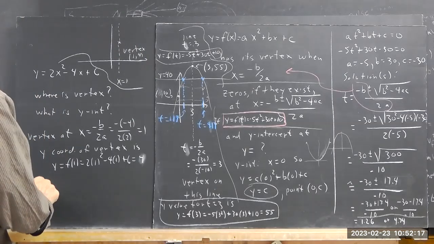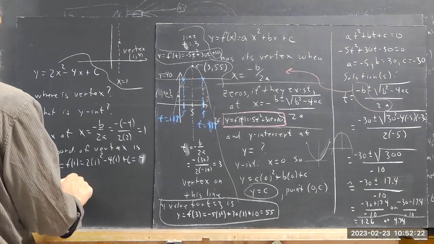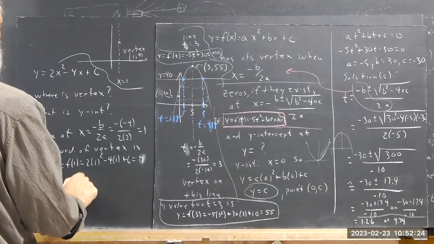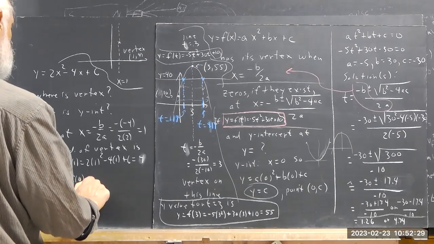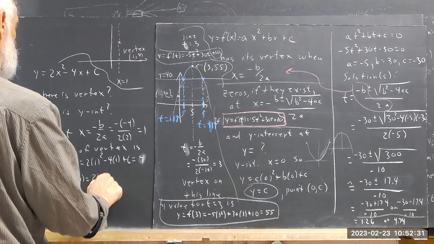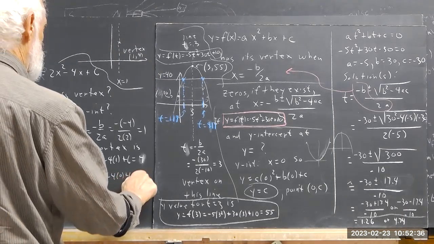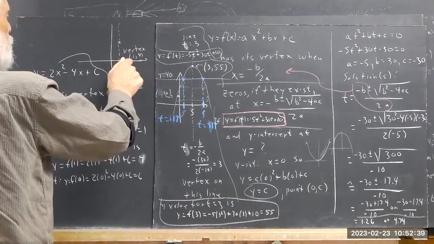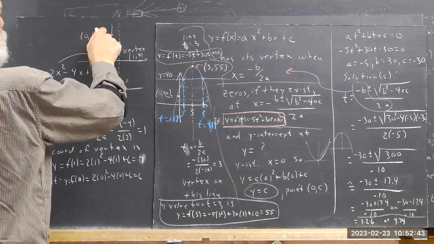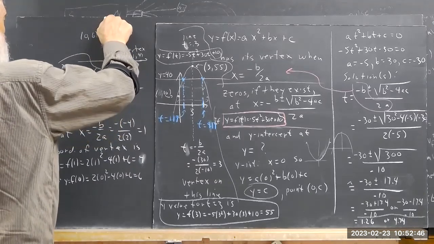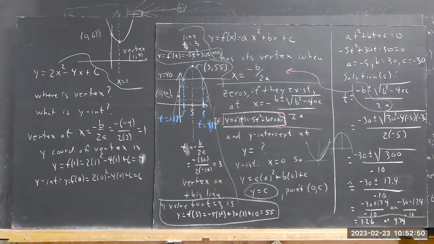Then the y-intercept is at y equals 6, so it's here. And now I can sketch a rough graph of that parabola.